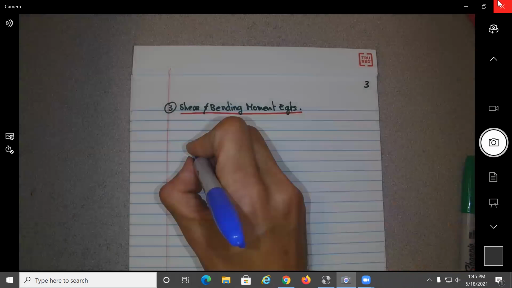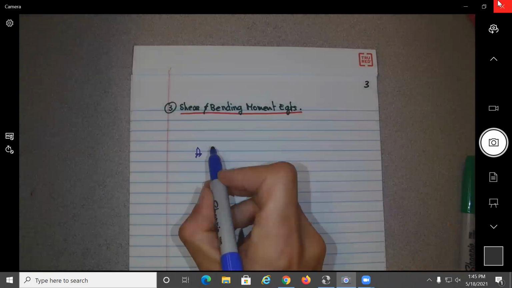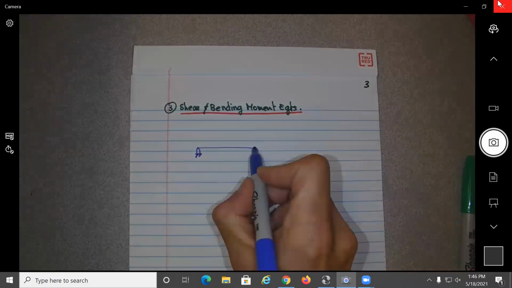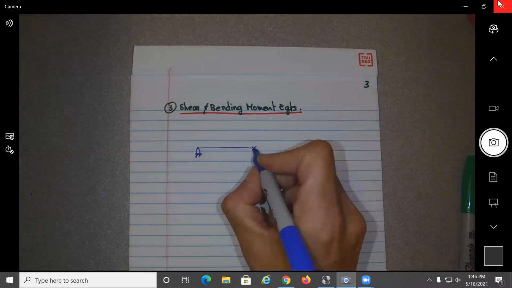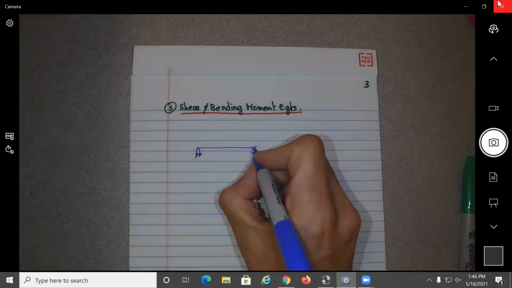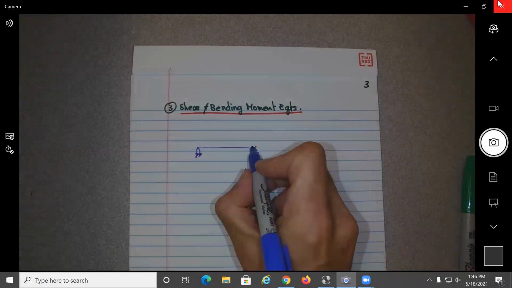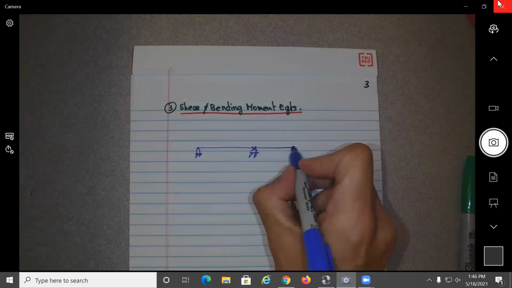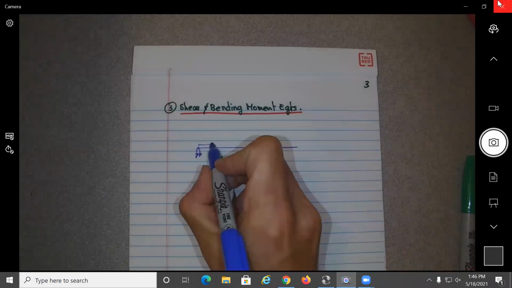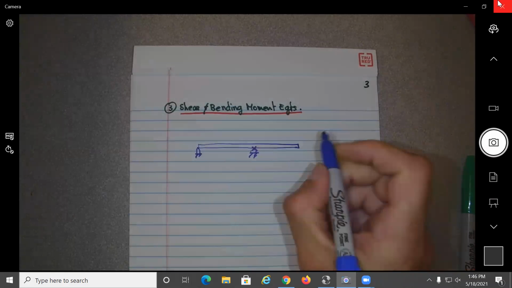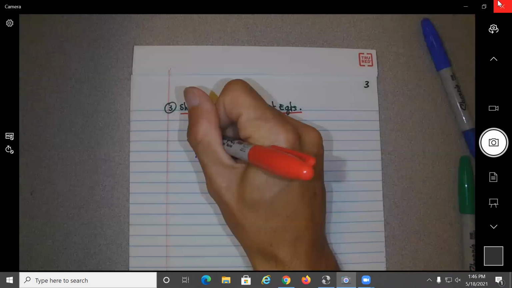So we are here, A. I think here we have the roller. And here the force. Okay, so I have here a distributed load.